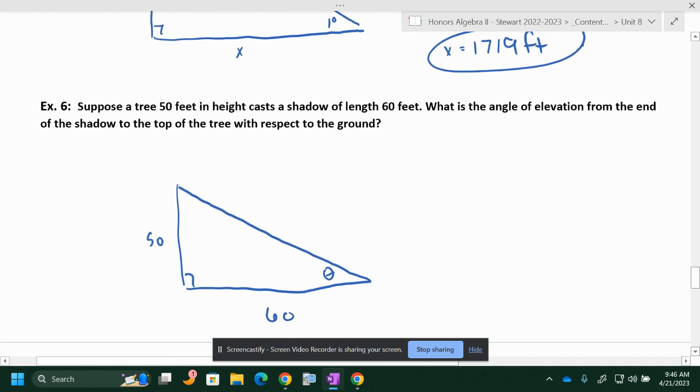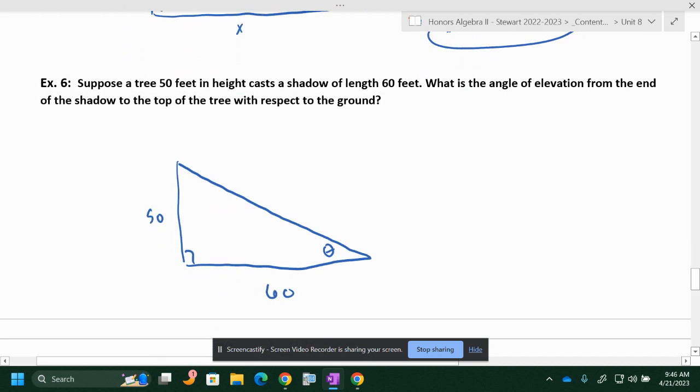Next example here, suppose a tree 50 feet in height casts a shadow length of 60 feet. What is the angle of elevation from the end of the shadow to the top of the tree with respect to the ground? This one doesn't make me round, so I'm going to do 2 decimals here. Once again, I've got my opposite and my adjacent, so tangent theta is equal to 50 over 60.